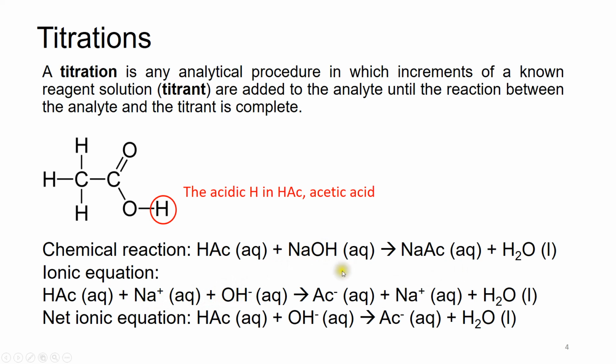And over here, this is sodium acetate. It decomposes in water into the acetate ion and Na+ ion. If you look at this ionic equation, we see Na+ appears on the left and right.